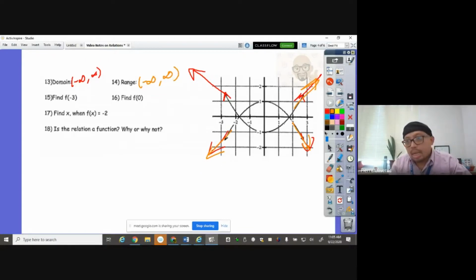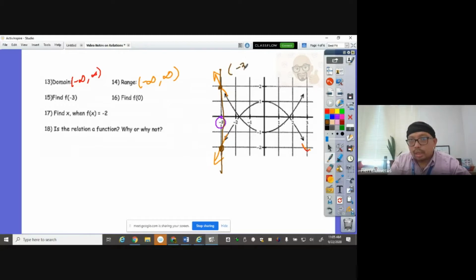Find f of negative 3. Let's delete the page, this one here. Where's f of negative 3? F of negative 3 is right here. And we know that this graph here approximately should cross like that and should extend like that. For f of negative 3, you're going to draw a vertical line again here, and it crosses these 2 points here.